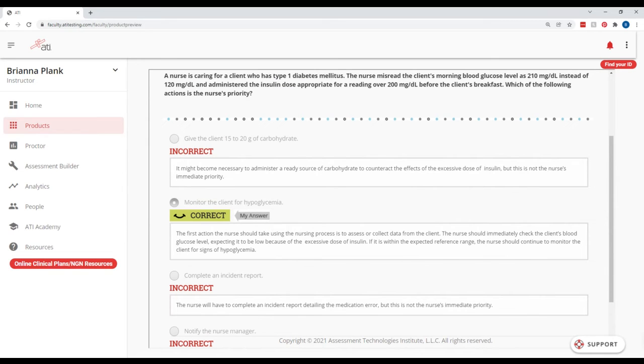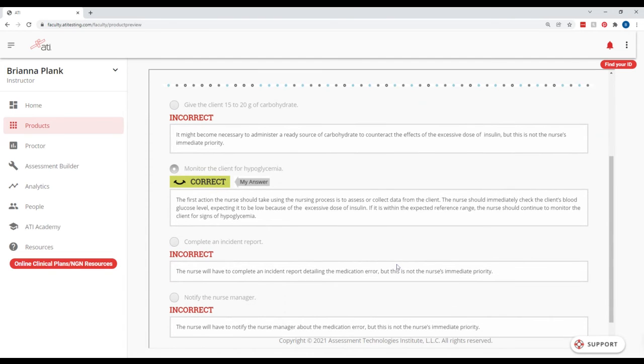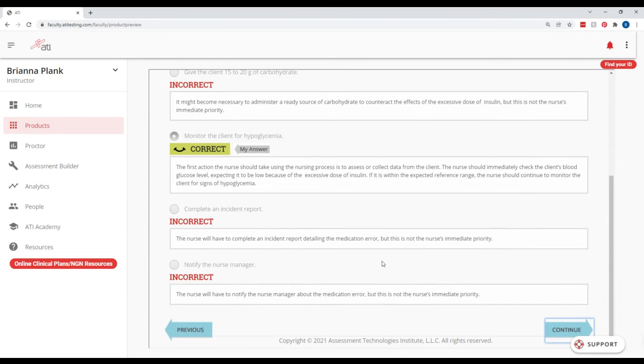So when we realize, oh my gosh, we gave too much insulin, I need to know what my patient's blood sugar is. It might be fine. Maybe they needed that much. Who knows? So we're going to check. And we're definitely going to keep an eye on them and watch them over time for hypoglycemia. Probably a good idea to administer a snack. We have to make an incident report whenever there's a med error.